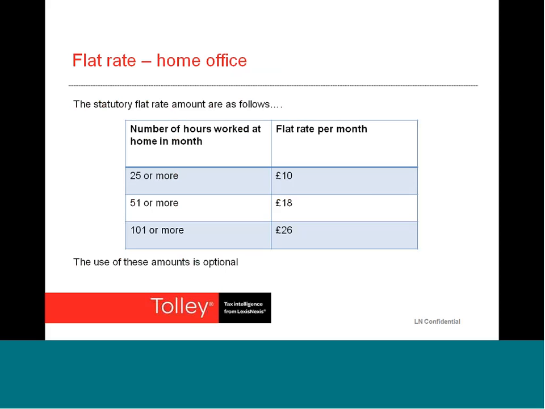Now, the use of these amounts is completely optional. The alternative, the thing we used to do prior to this scheme, was we would get our trader to make an estimate of all the additional costs of having a home office. Here, much simpler, don't have to keep all the paperwork and the justification of the expenses, you just get the flat rate scheme.